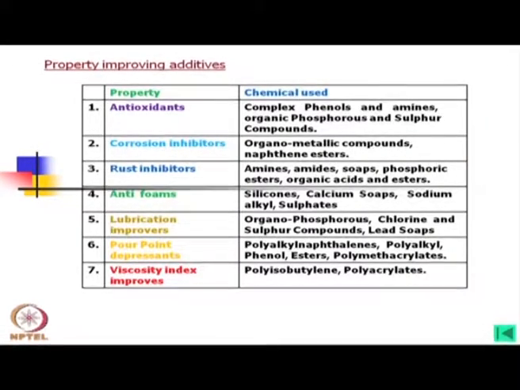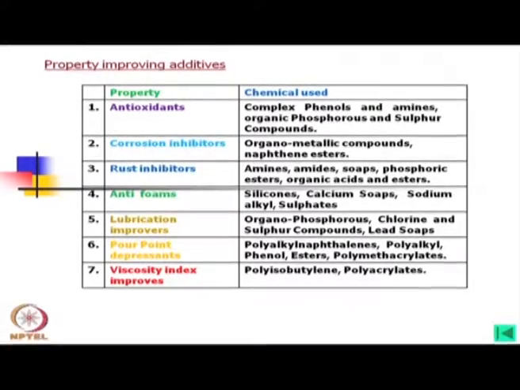Now, I have already mentioned that properties of fluid can be improved by additives. We cannot take just the mineral oil for the application in fluid power, particularly looking into all the properties I have discussed, along with the life. First property, antioxidant.